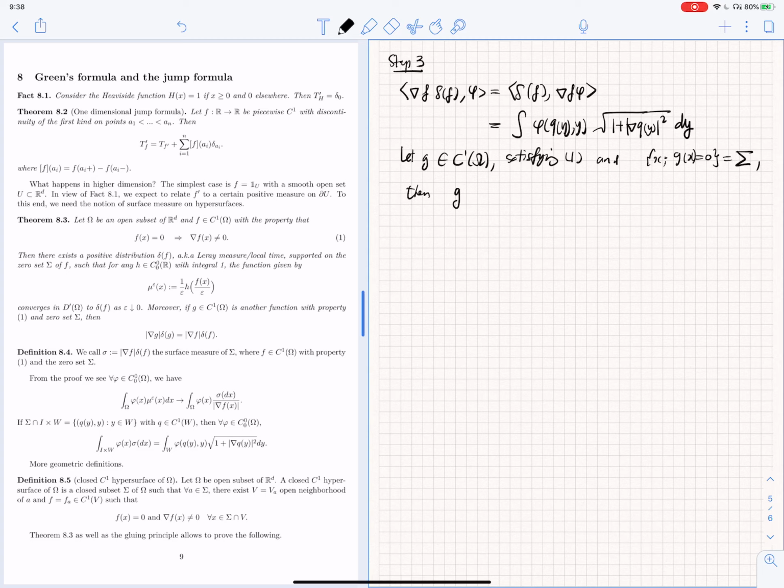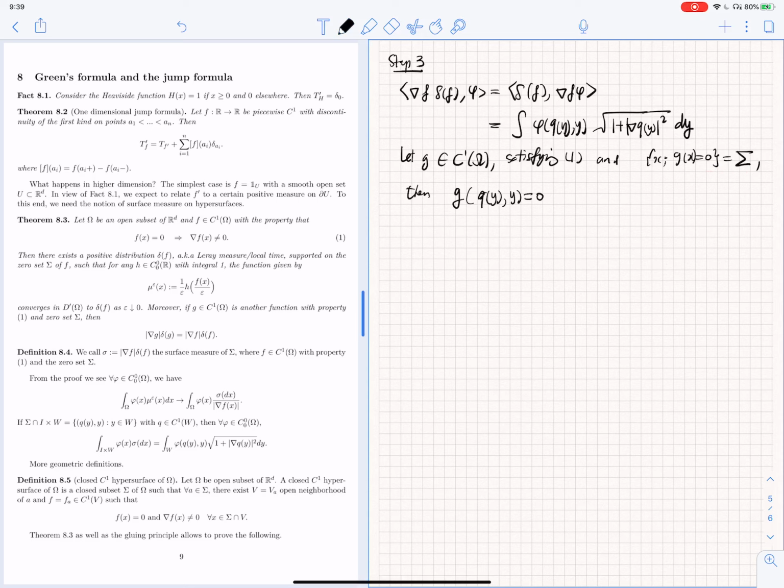Then necessarily g of q of y is equal to 0, because this point is a zero of the function f. So according to this, it is also a zero of the function g.